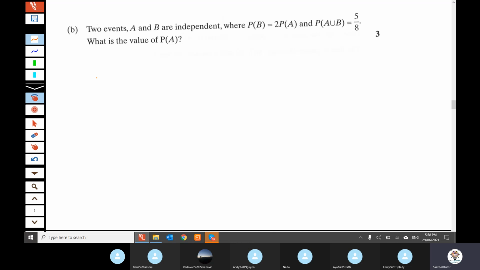Two events A and B are independent. Tiana, what does independent mean to you? You can look it up in the book if you have to, and the notes. Isn't it when they're two separate circles? That's mutually exclusive.